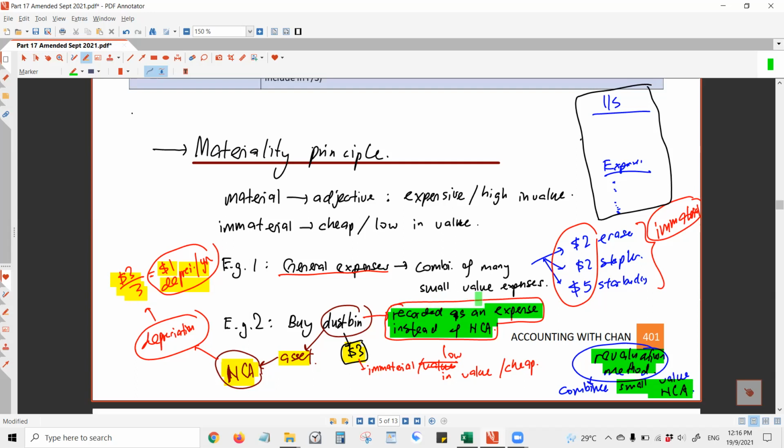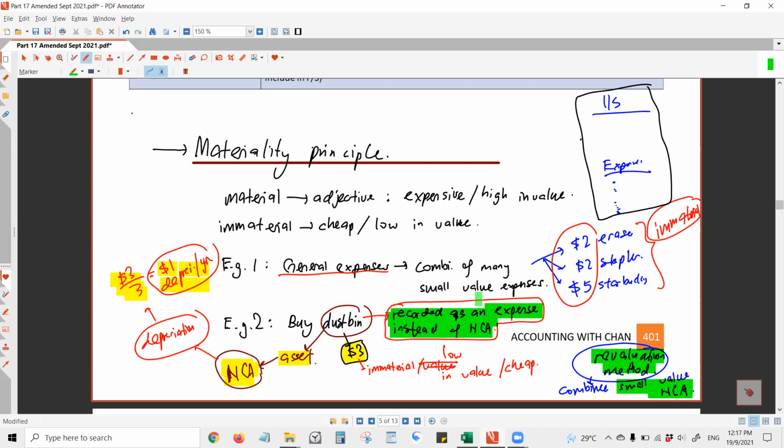You straight away show the $3 in the income statement as an expense. The reason is the dustbin is immaterial. The value is too small. That's what the materiality principle tells you. When you buy a small value NCA, you can record it as an expense straight away. You don't have to record it as an NCA. That's what this principle tells you.